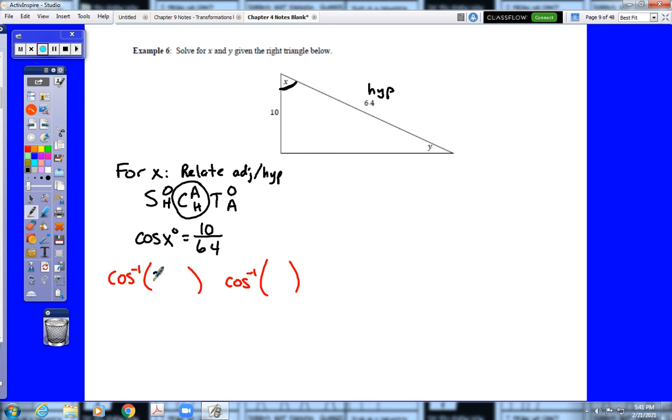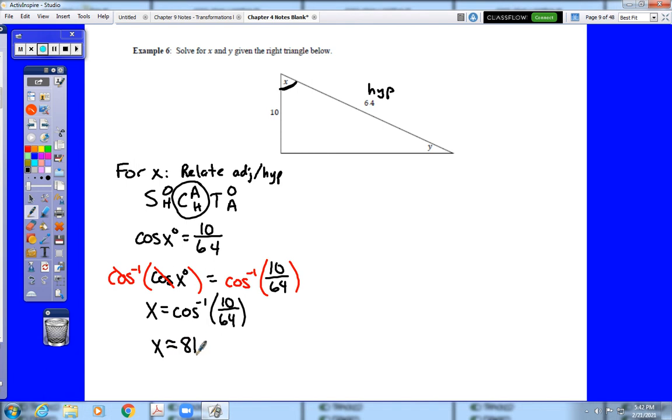So we'd have the arc cosine of the cosine equals the arc cosine of 10 over 64. Again, when we do that, cosine and arc cosine cancel, and we're left with x is the arc cosine of 10 over 64. So we type that into our calculator. Second cosine, 10 divided by 64, and we get that x is approximately 81.0 degrees. So we'll go with 81 degrees.